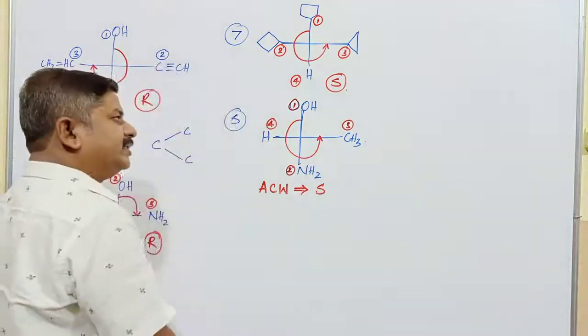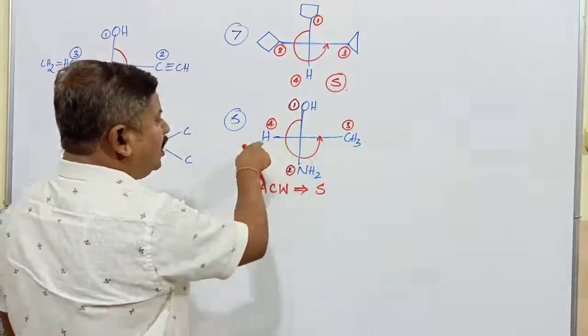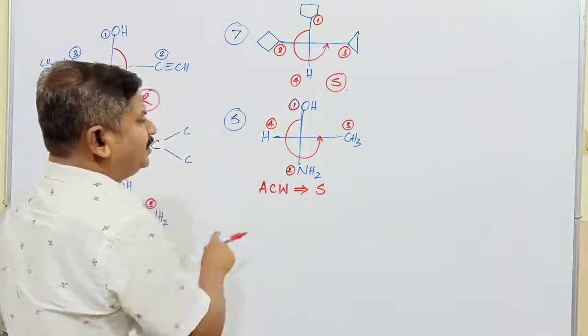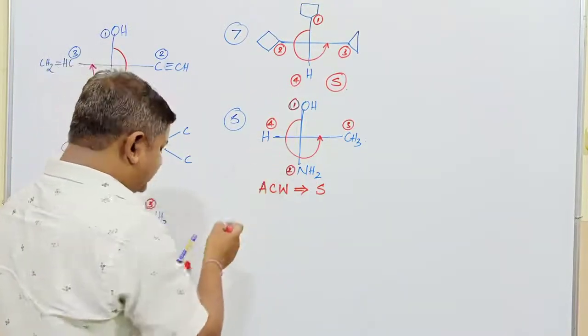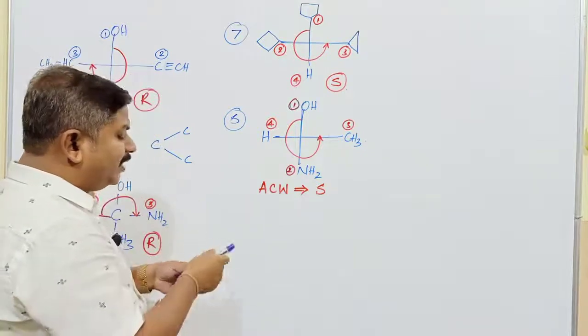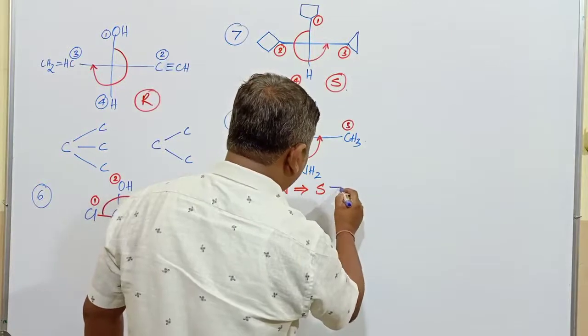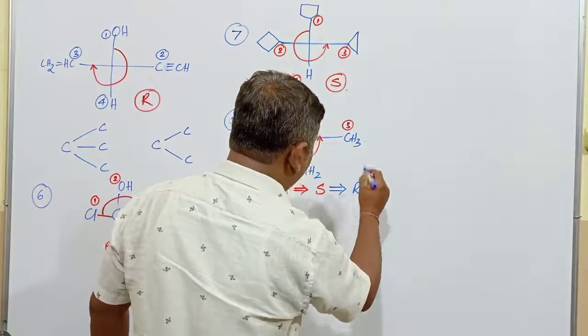But the condition is that hydrogen, or any group having the lowest priority, should be present in vertical position. But here it is present in horizontal position. Wherever the horizontal position is there, the S configuration completely changes into what? Immediately R configuration.